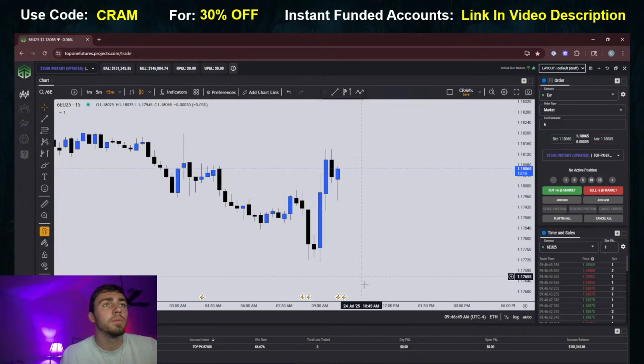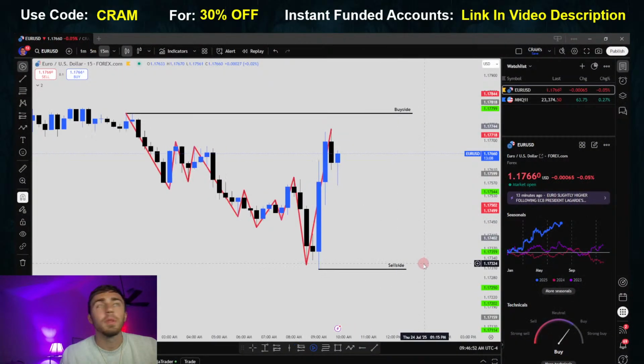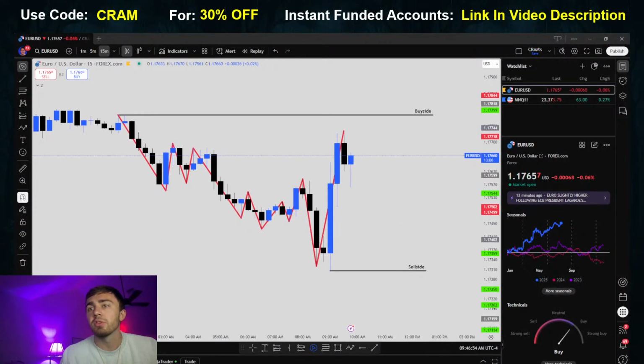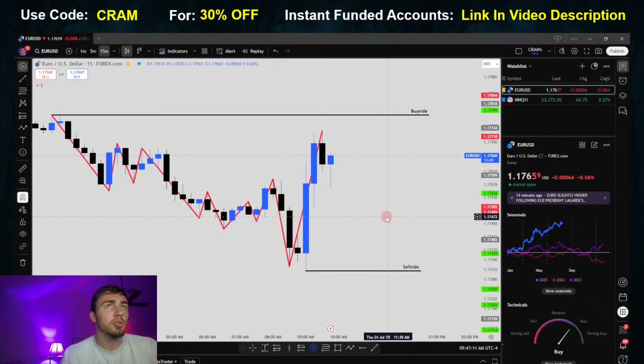So it shouldn't be lagging. It looks like the connection's good, but that might just be on my end. And I put it at the lowest possible latency.